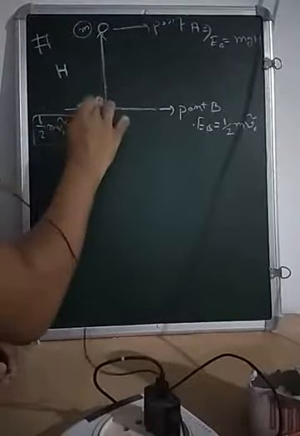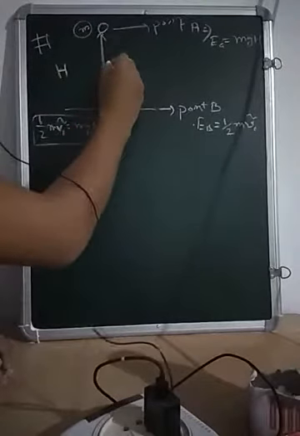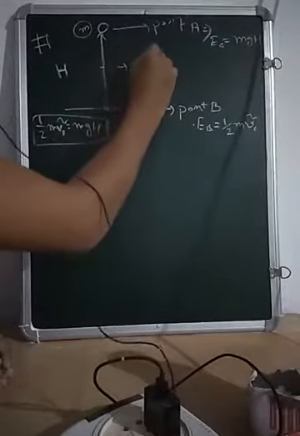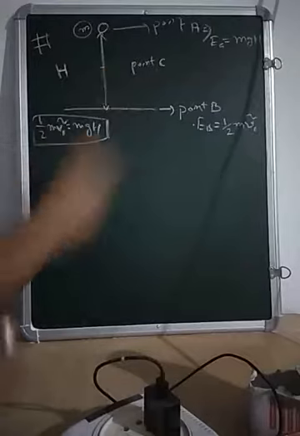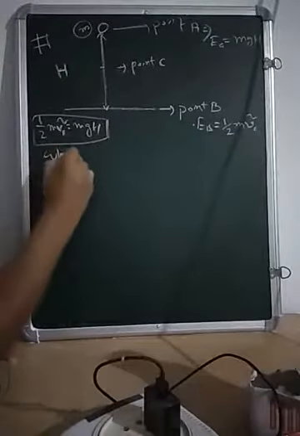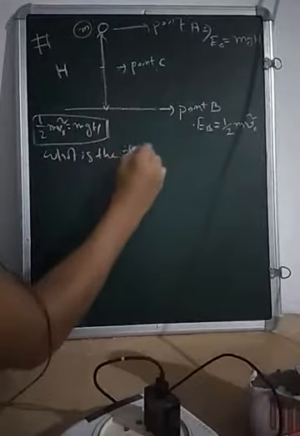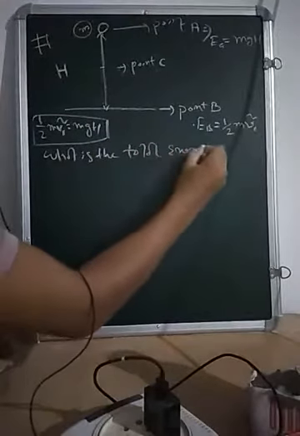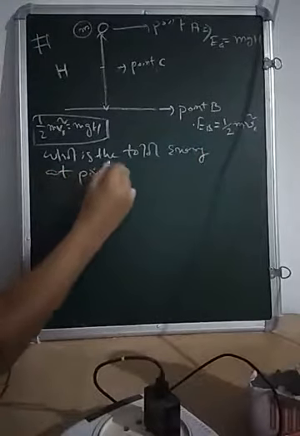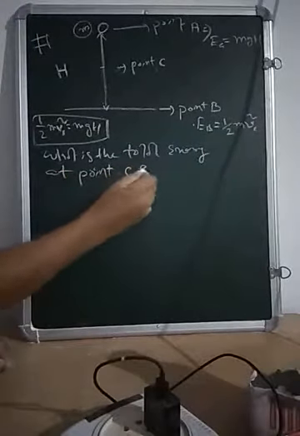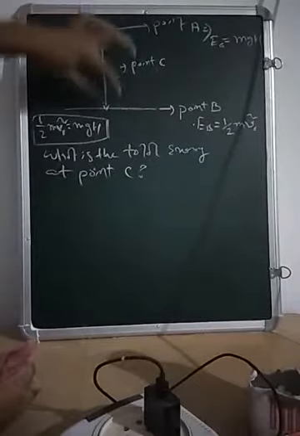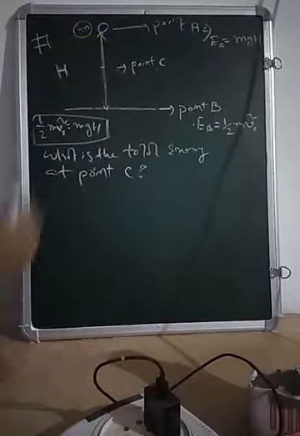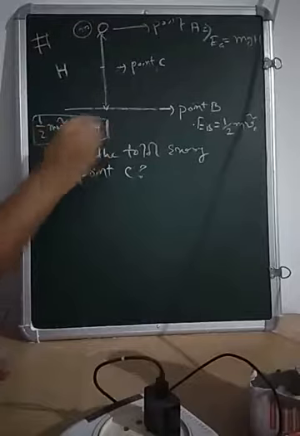Now I go for another point, suppose this is the point C. My motive is to find the total energy at point C. Earlier we derived that the total energy at point A is equal to the total energy at point B, from the expression half mv1 square is equal to mgH.